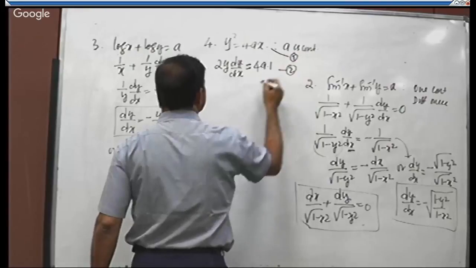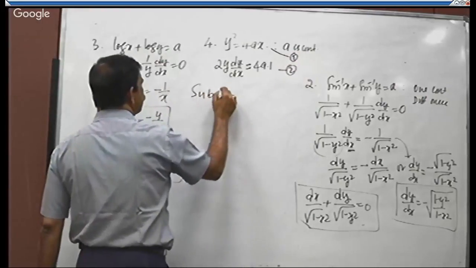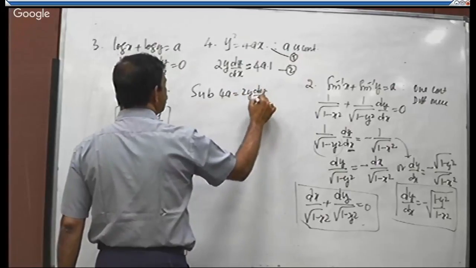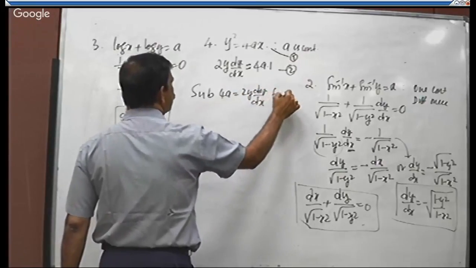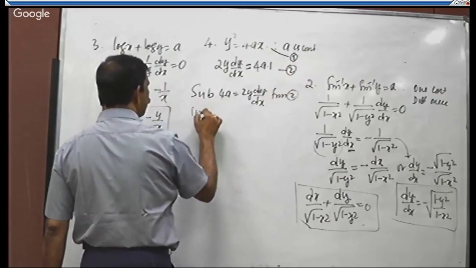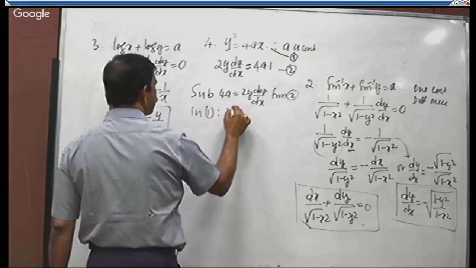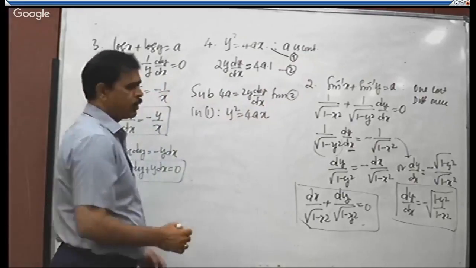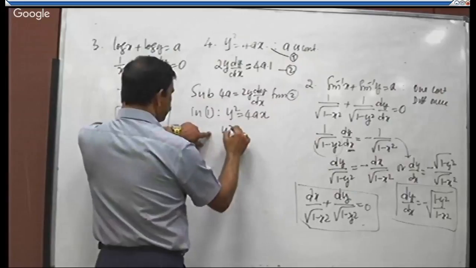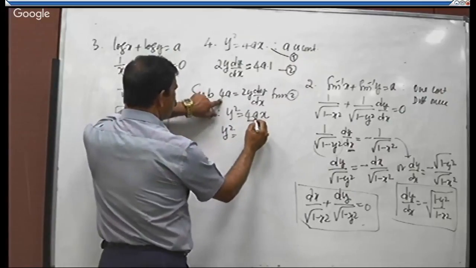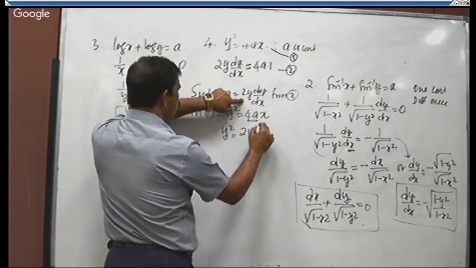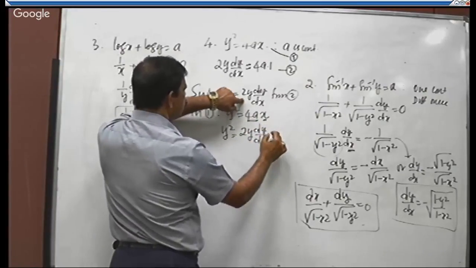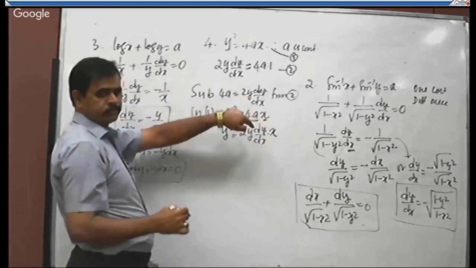Substitute 4a from 2 in 1. What is 1? Y square is equal to 4a x. Therefore, y square is equal to 4a x. What is 4a? 4a is equal to 2y into dy by dx. And what is x? X is taken as it is.